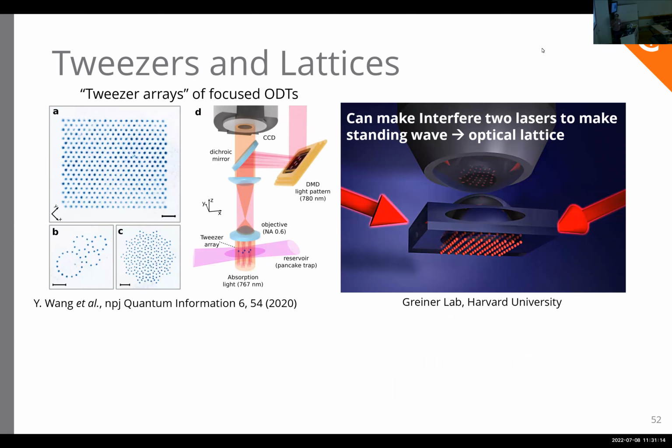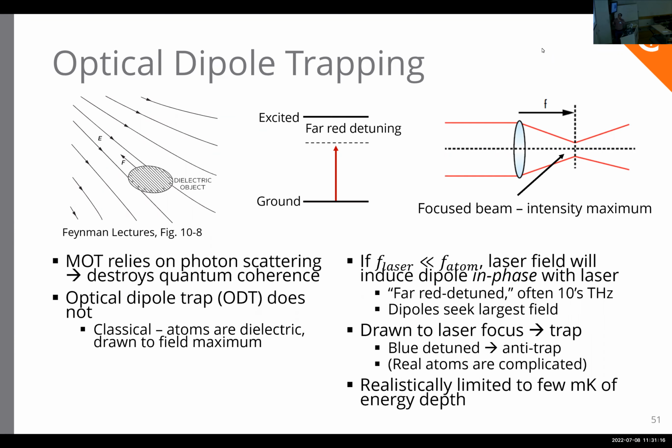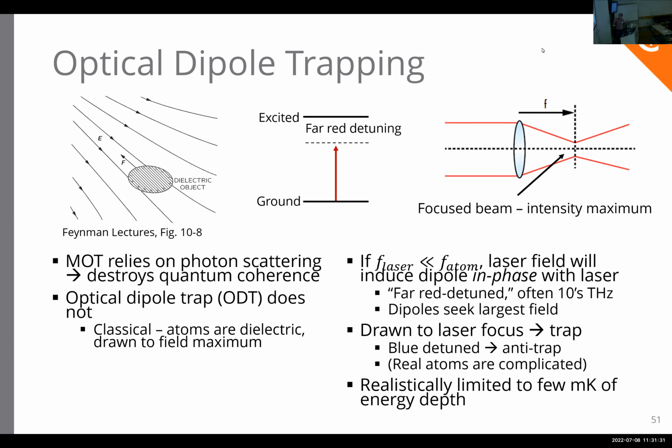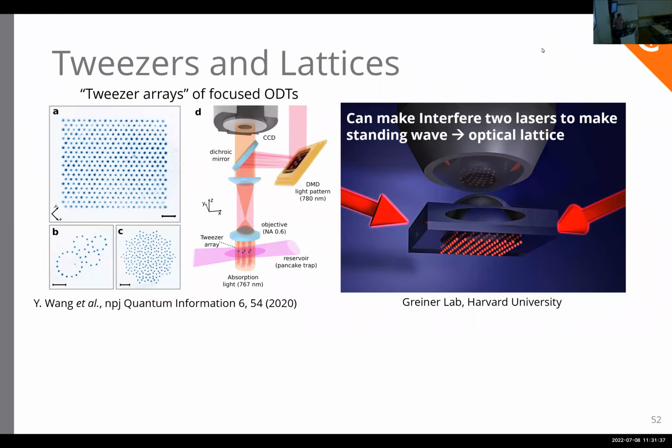And using these ideas, it's a very hot thing, no pun intended, in AMO these days, because something a lot of people are working on is that if you make this trap small enough, you can just trap single atoms, deterministically trap single atoms.